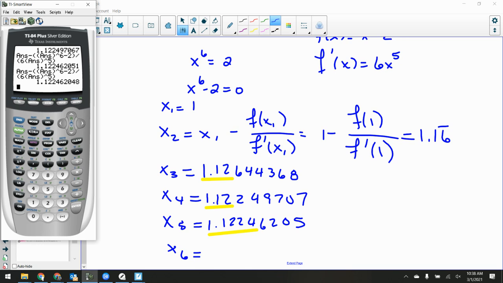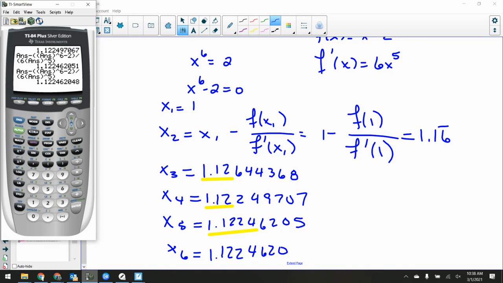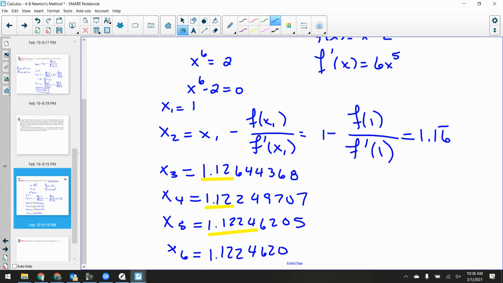1.122462048. Round up, fine. Do you see how it matches to 8 decimal places out?